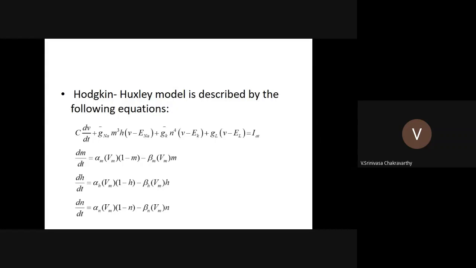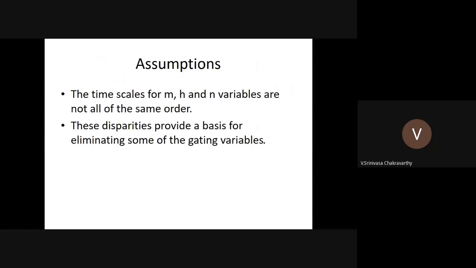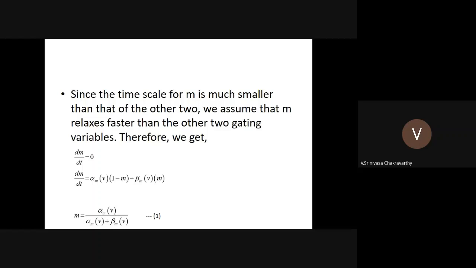So the question now is, how do we simplify this? We need to somehow get to two variables, because once you get to two, you can go to the phase plane, and there are a lot of advantages. Now, one thing that people have noticed, or made assumptions on, to simplify the system of equations is that the timescales of m, h, and n are not all of the same order. That gives scope for simplifying the system. The timescale for m is much smaller than that of the other two.